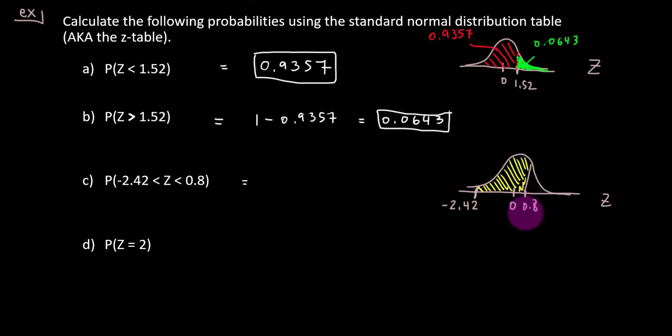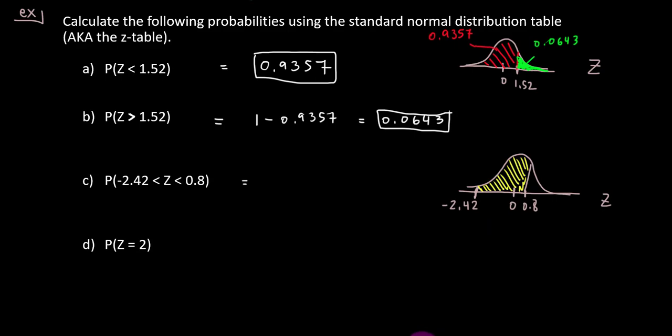If I do 0.8 and find the area to the left of that, it's going to give me a value. And I want most of it. But there is a region I do not want. I do not want the area to the left of negative 2.42. So I would look up this next z value and then subtract the two corresponding probabilities.